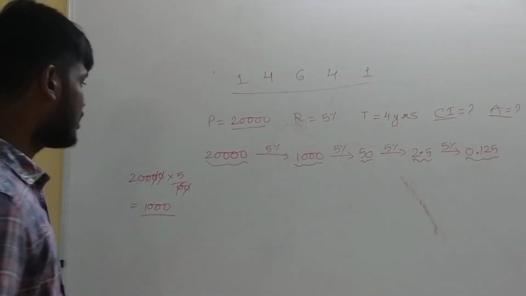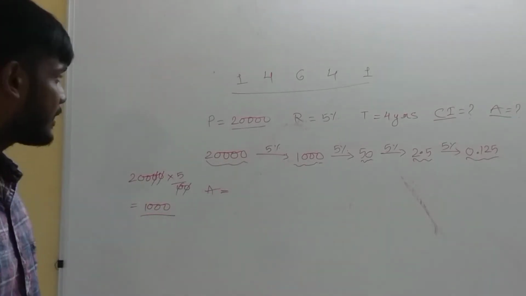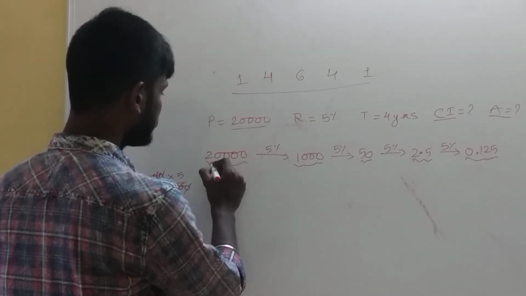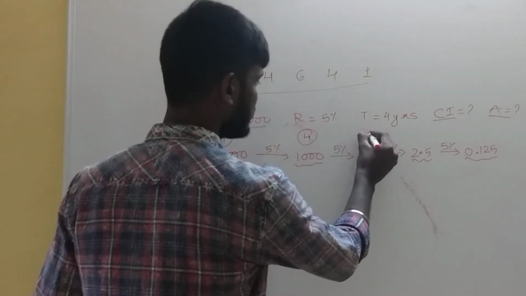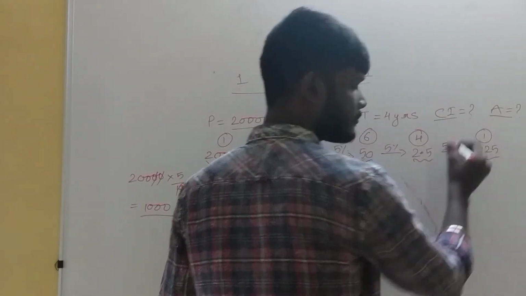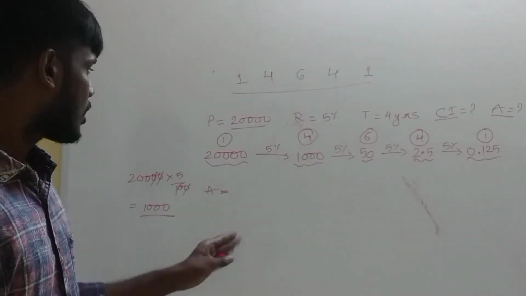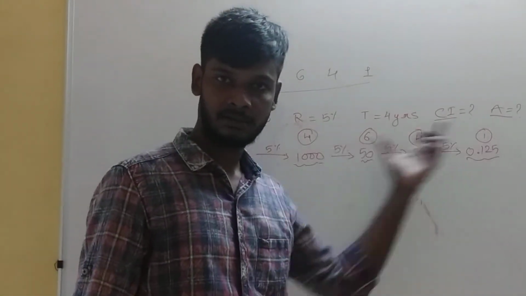If I have to calculate the amount, then what I will do? 20,000, I will write 1, 4, 6, 4, and 1. Got it? So I have written these numbers in this pattern.